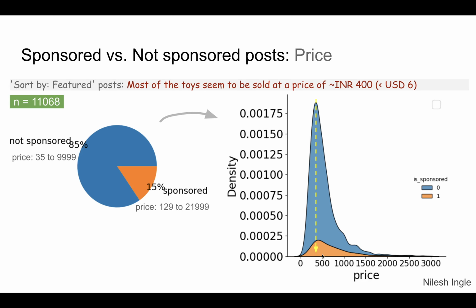So if I'm trying to come into the toy market and trying to sell a product, then I would be positioning the product such that its price is below 500, maybe even near 400-ish. So that's just my thought process when looking at this particular result.